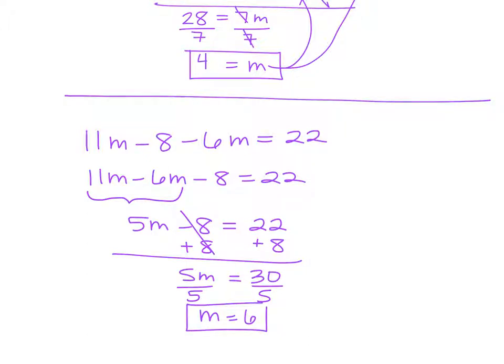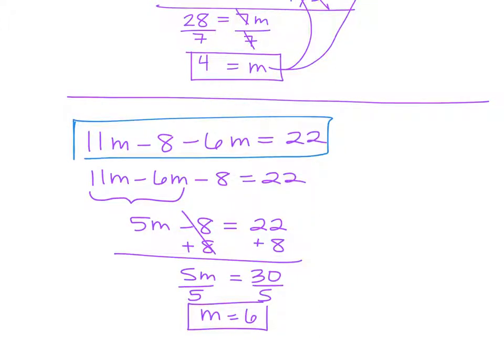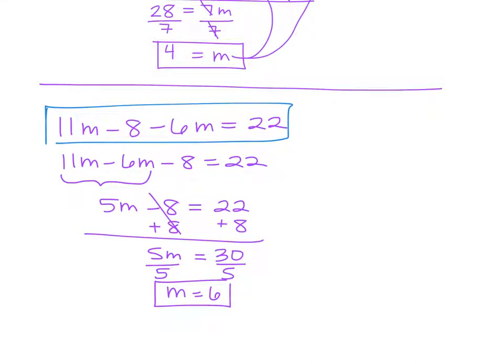Okay? Let's plug this one back in just to make sure we're getting the right answer. So if we plug in a 6 into this original equation, we're going to do 11 times 6 minus 8 minus 6 times 6 equals 22, okay? Remember PEMDAS, when we simplify this, we have to do all our multiplication before we can subtract.